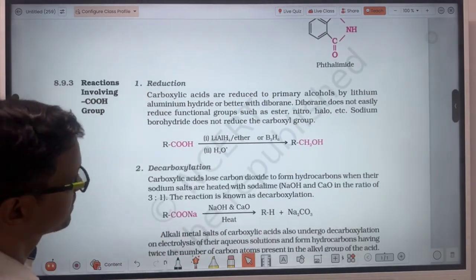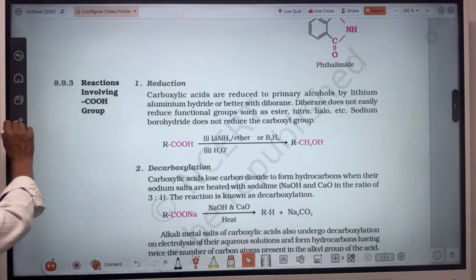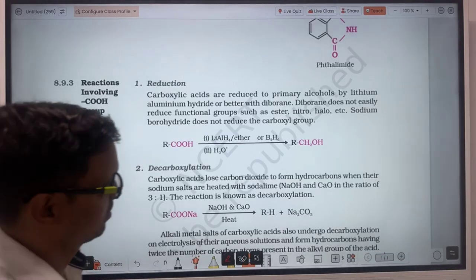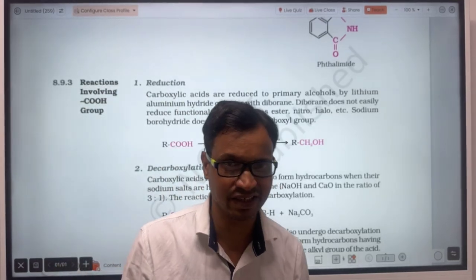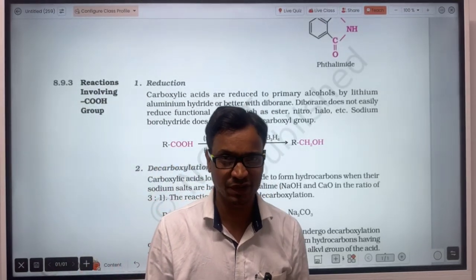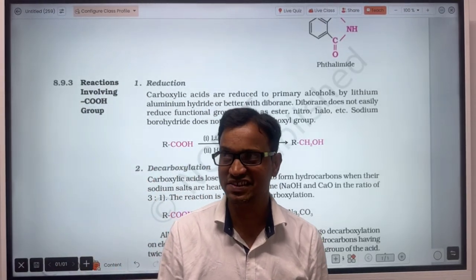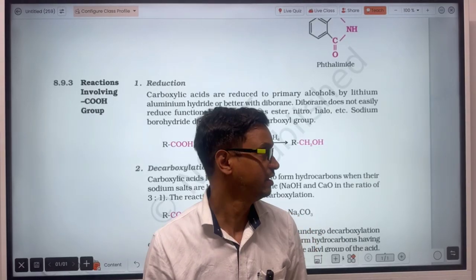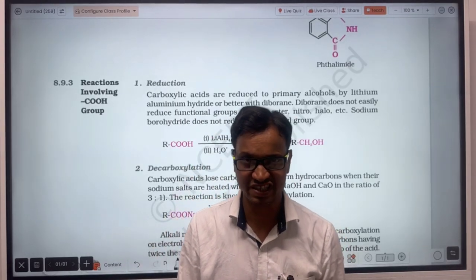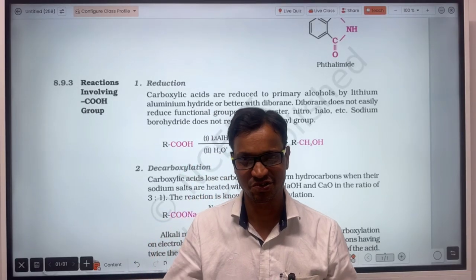Then, after the reduction, you have already studied that when alcohol is oxidized, aldehyde forms, and if alcohol is oxidized by a strong oxidizing agent, carboxylic acid is formed.